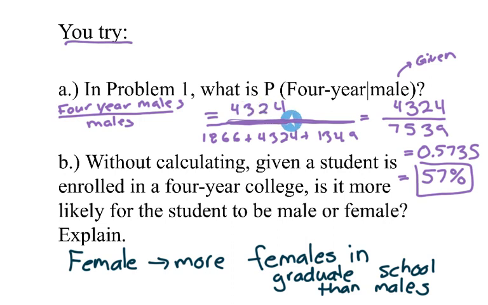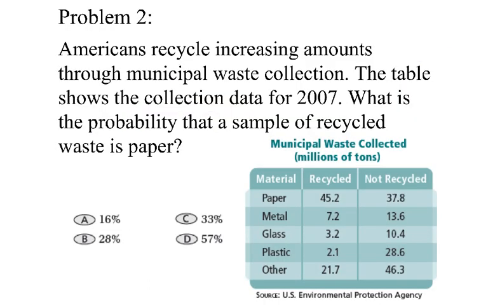So 4,324 over the total males. And it should equal out to approximately 57%. Then part B, without calculating, given a student is enrolled in 4-year college, is it more likely that they're male or female? Female, because there's more females in 4-year colleges than males.